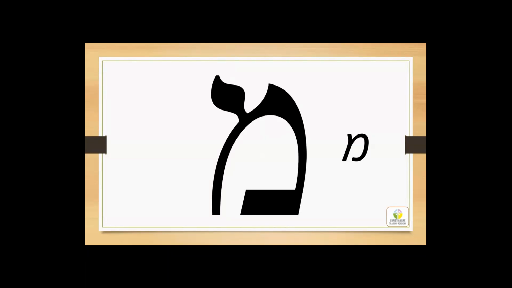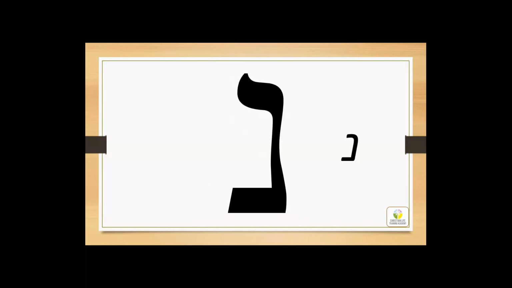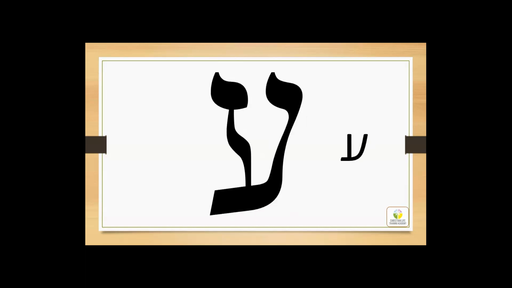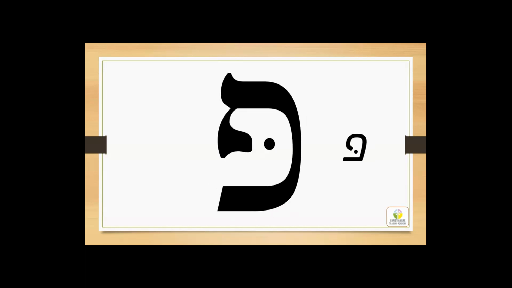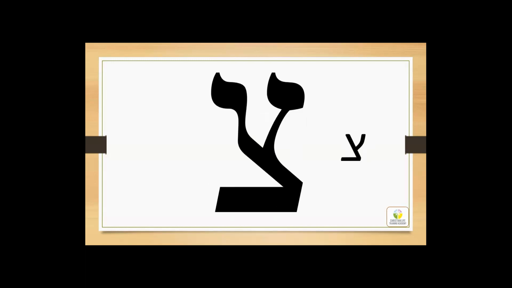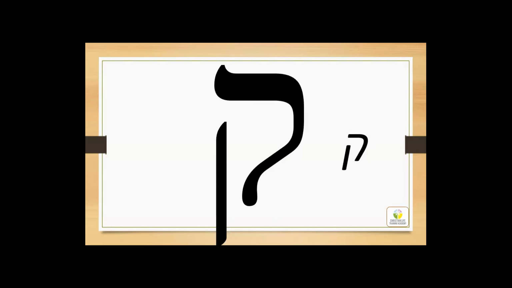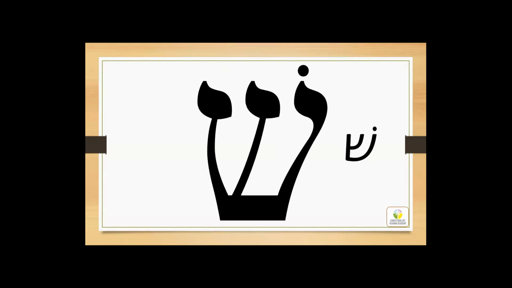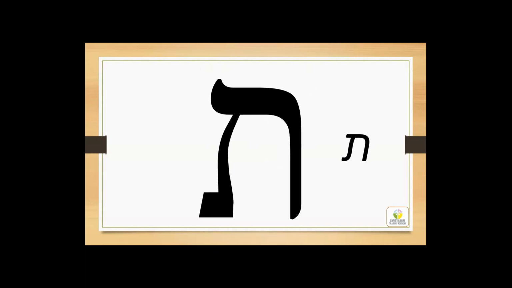Nun. Just say Nun. Then Samek. Ayin. Pey. Then Tzadi. Kof. Resh. Shin. Then the last one is Tav, right?